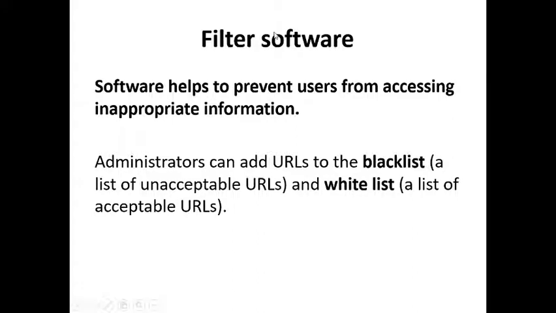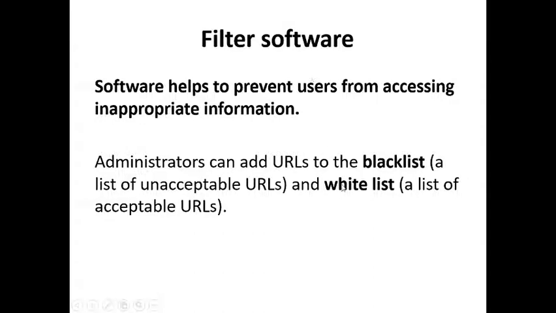Right, okay. At last, we are going to see what these filter softwares are. Now, the internet means a vast network. It means a lot of websites are there, right? So, there are useful websites as well as inappropriate sites, especially for children.